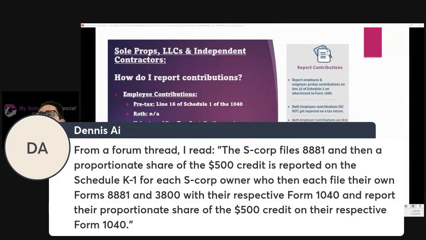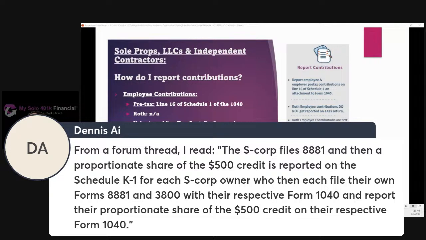So the S Corp files 8881, and then a proportionate share of the $500 credit is reported on Schedule K-1 for each S Corp owner, who then each file their own Form 8881 and 3800 with their respective Form 1040, and report their proportionate share of the $500 credit on their respective 1040. Exactly.